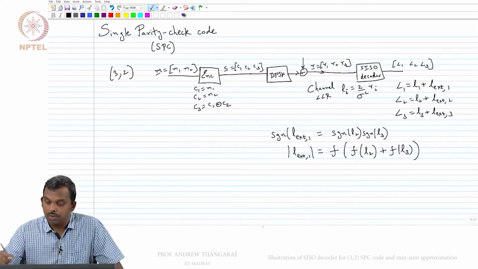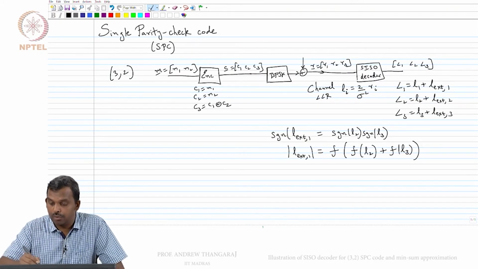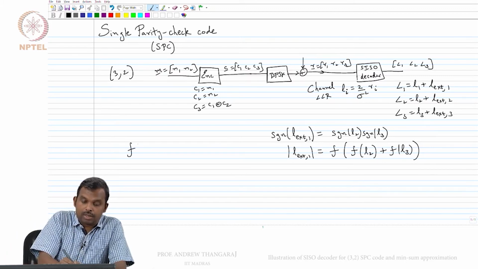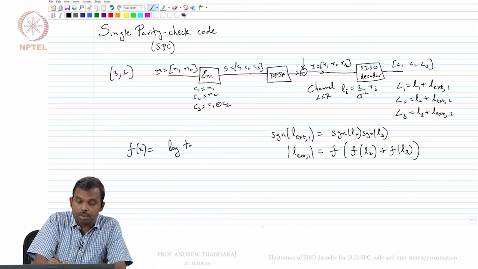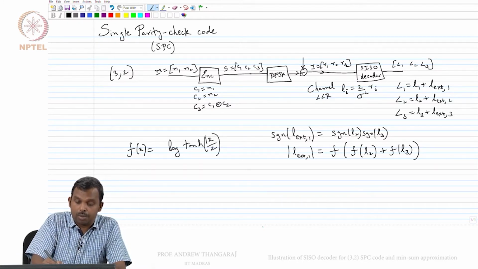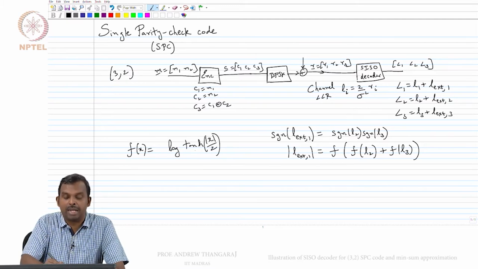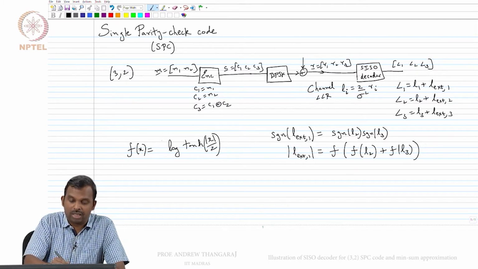So in the decoder, for the calculation of L extrinsic, the function f is involved. This f of x is log tanh of x by 2, and I put an absolute value here. One more thing to keep in mind is that tanh is going to be less than 1, so log of that will be negative, and we want f to deal with positive values.